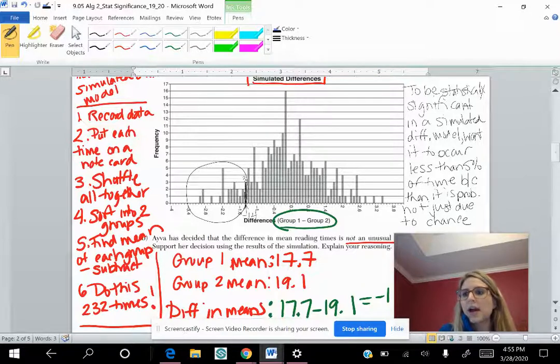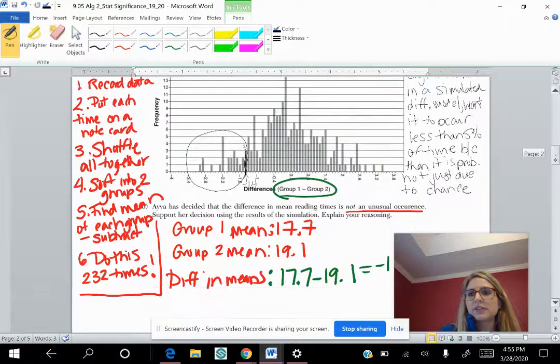If it is occurring fewer than 5% of the time, it didn't happen very often when you made all of those simulations. And so there may be some statistical significance there.